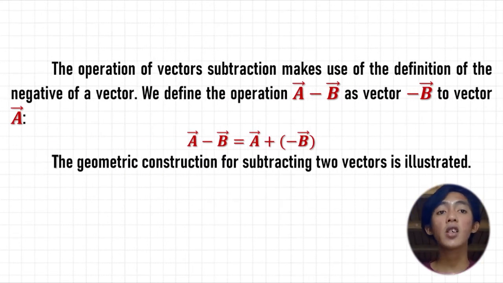If we have the addition of vectors, then we have the subtraction of vectors. The operation of vector subtraction makes use of the definition of the negative of a vector. We define the operation vector A minus vector B as vector negative B added to vector A, which is vector A minus vector B equals vector A plus negative vector B. The geometric construction for subtracting two vectors is illustrated in the figure.